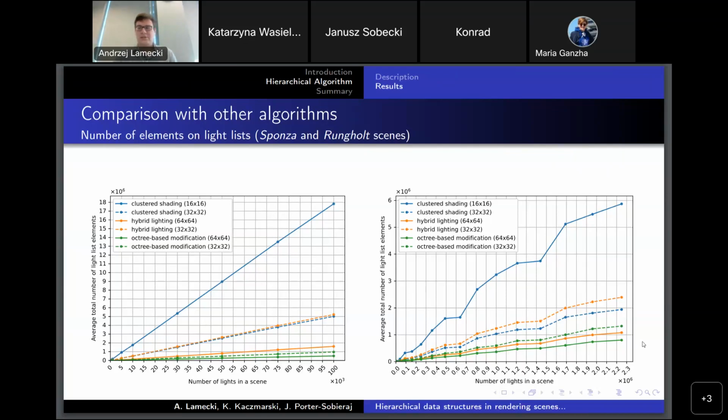And here our algorithm achieved much lower results than the other ones, especially in the Sponza scenes. No matter how big the tiles were and how many cells there were, it achieved a lower average number of light list elements compared to the other ones.